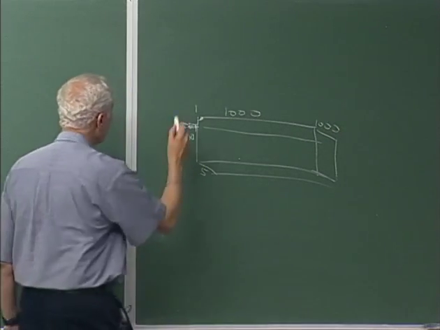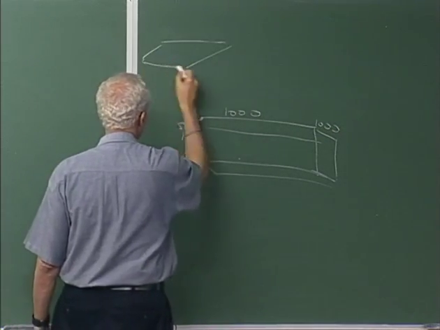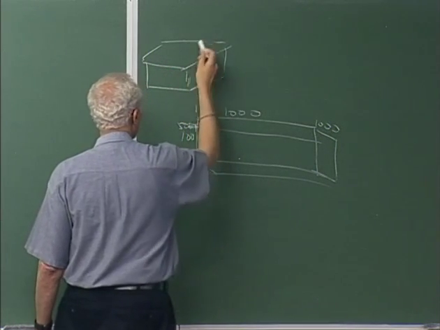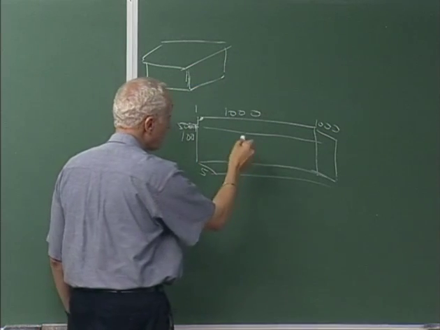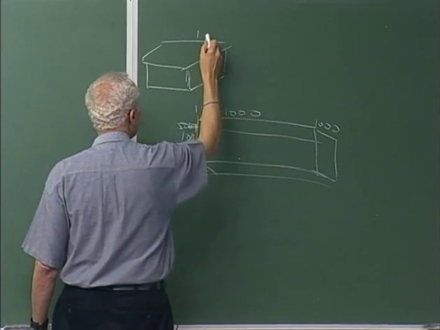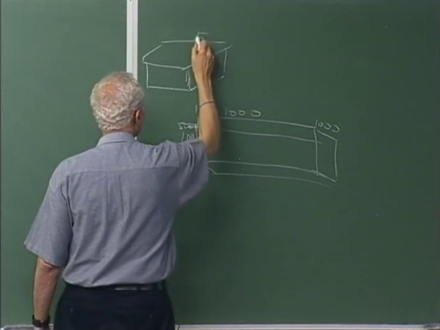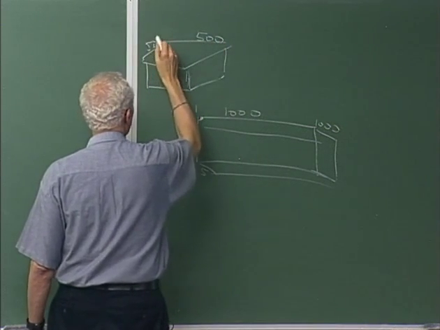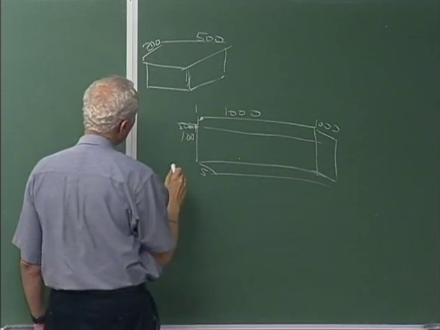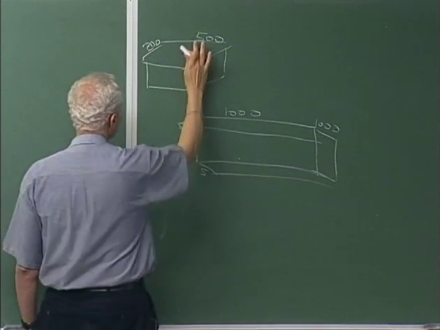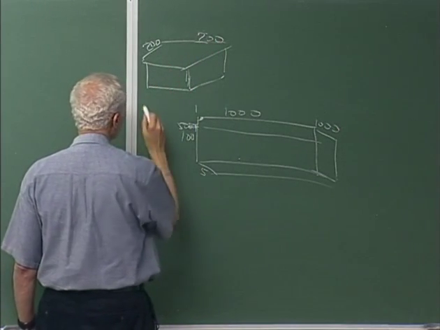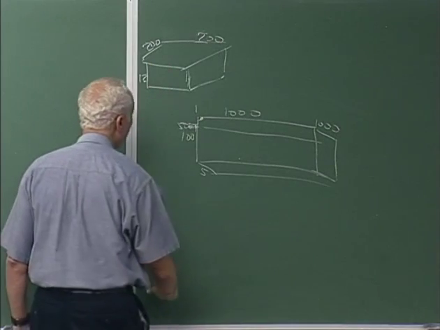If, on the other hand, you have something which is more like a nuclear reactor, for the same 500,000, you may have here maybe 500 by 200, no, let's say 200 by 200 by 12.